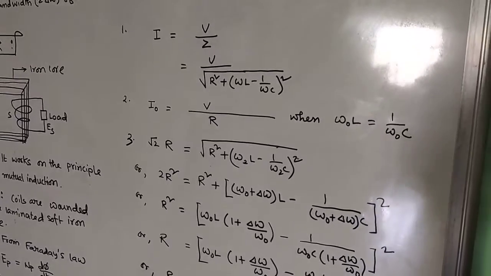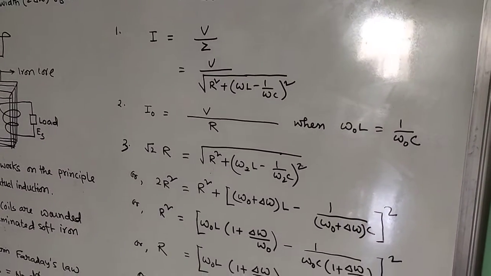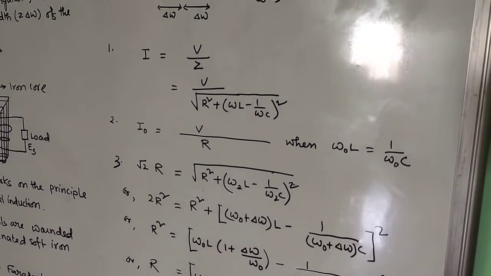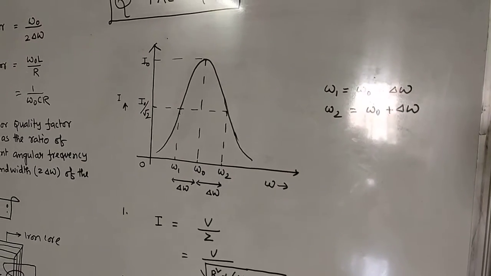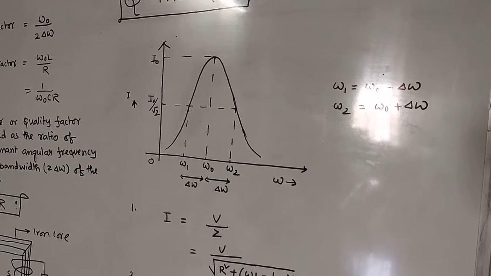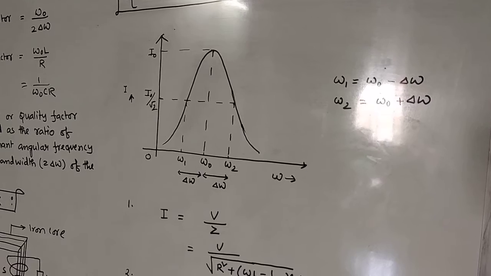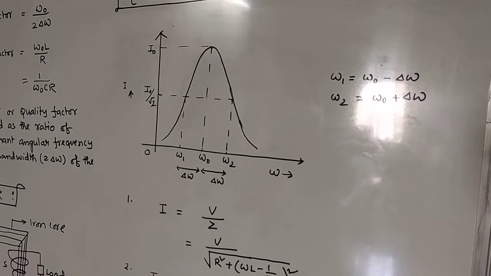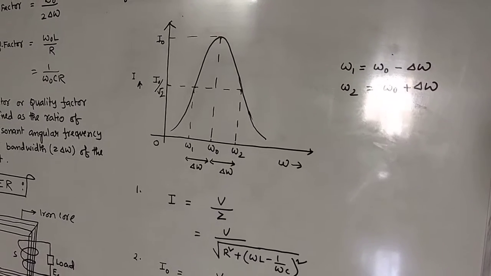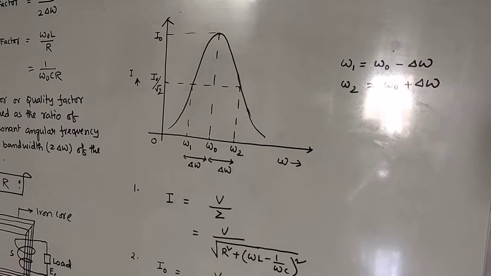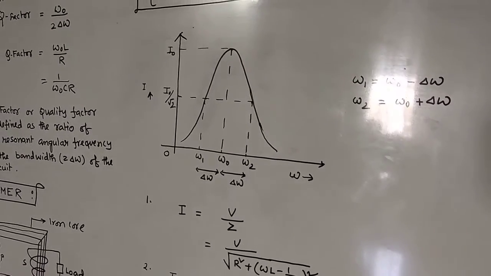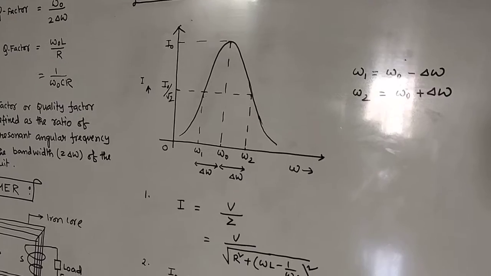So we are trying to compare the impedance part corresponding to the current I naught and I naught by root 2. So from this we can say that the impedance is high in case of frequencies corresponding to omega 1 and omega 2 compared to the impedance at resonance.